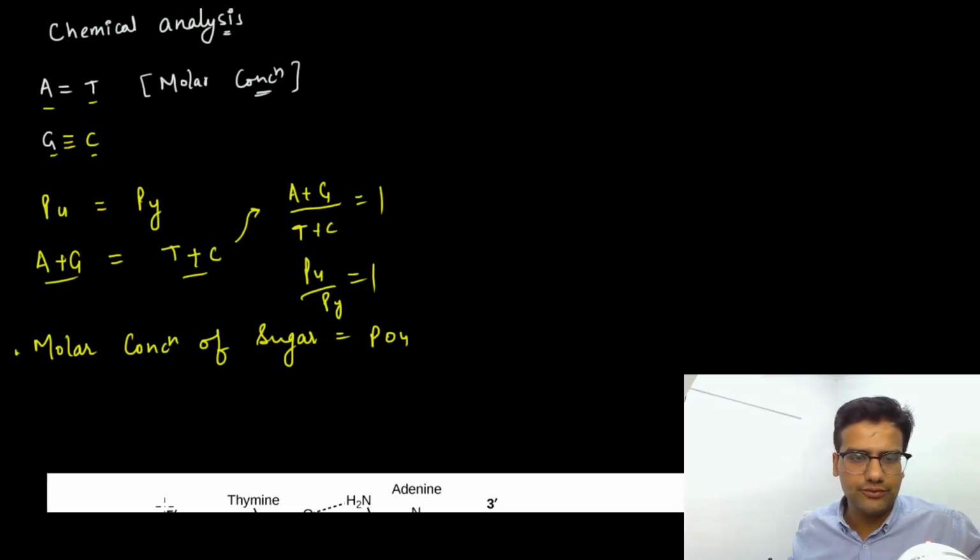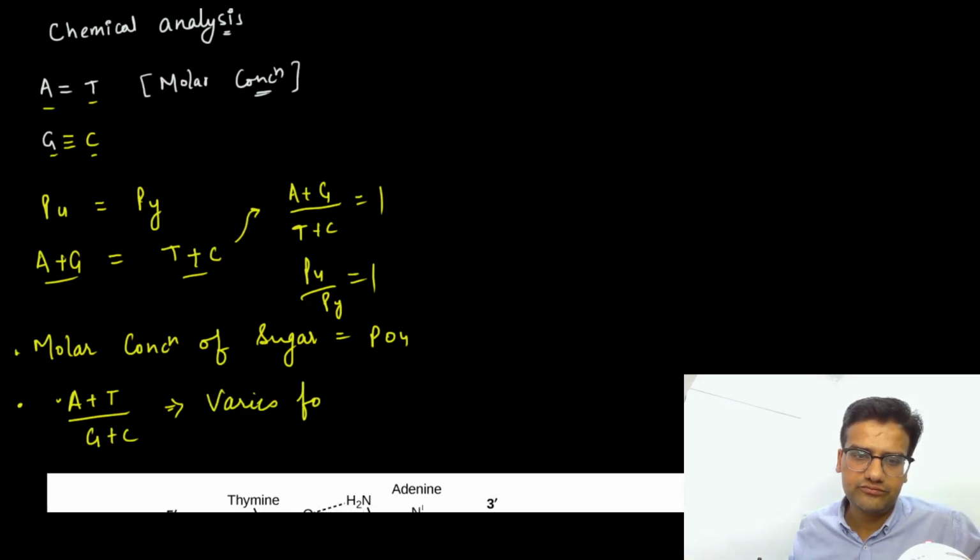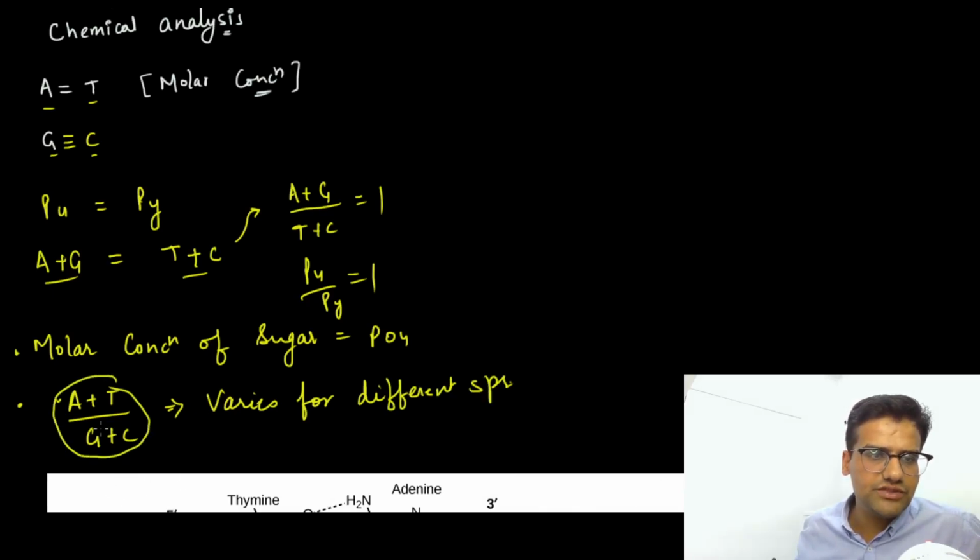But he again stated that the ratio of A plus T upon G plus C varies for different species.